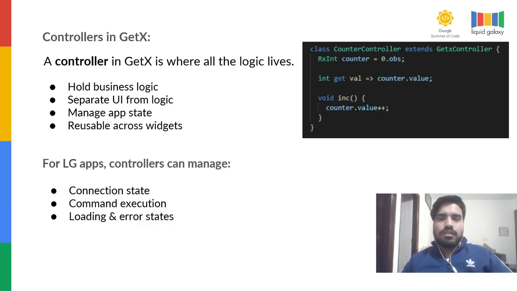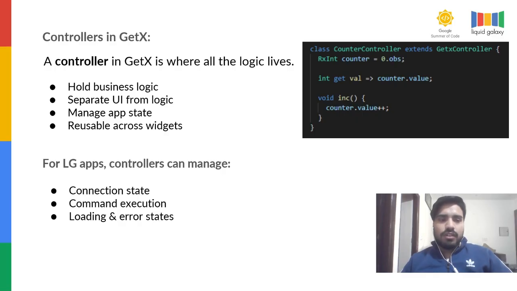If you want to create a controller, you create it by extending GetxController. With this, Flutter will know Counter is a controller which is built in GetX. As I told you, in a controller you can hold business logic as well as create any variables. Like in this image, counter is a variable which you declare in a controller.